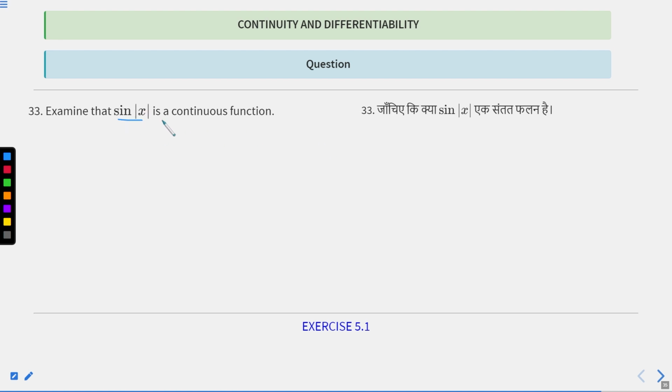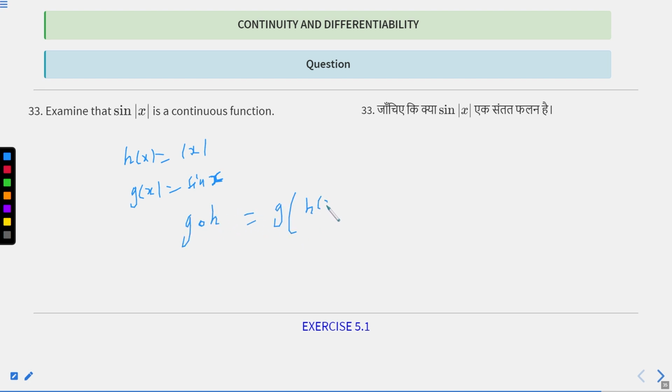Now the same thing will be happening here. So what composition will I be using? h(x) equals mod of x, g(x) equals sin x. So this means, quite simple, that g composition h I will be using.